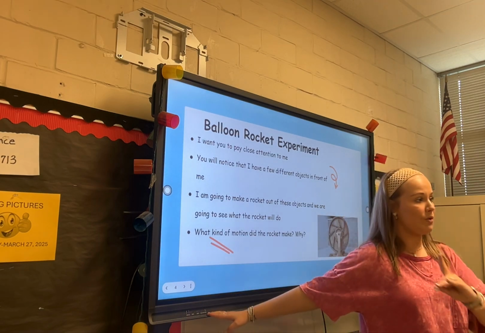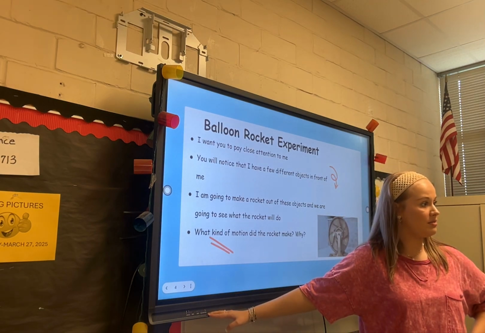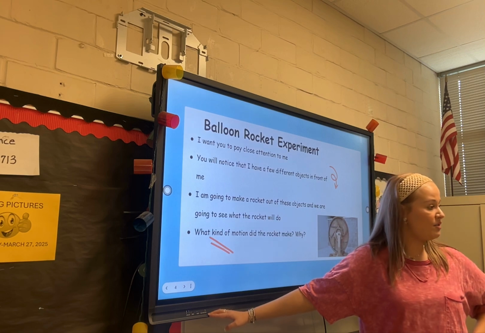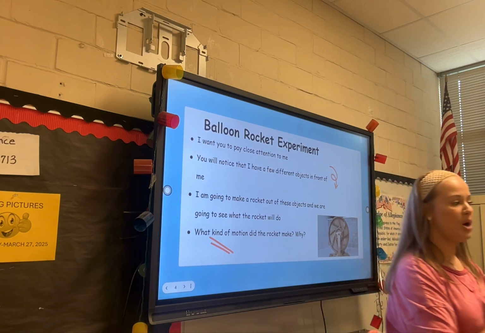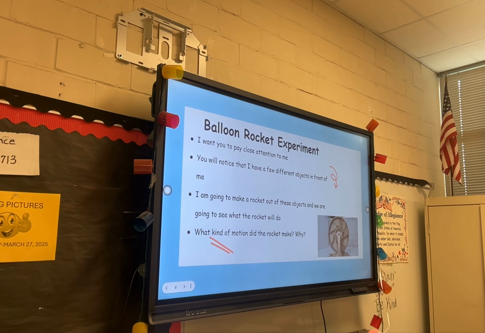So was there any force being used? Yes, ma'am. How was force used? I didn't push the balloon, but there was what inside of the balloon? Air. So do you think that air forced the balloon to move? Yes, because you were holding the little thing that stopped the air from coming out before.